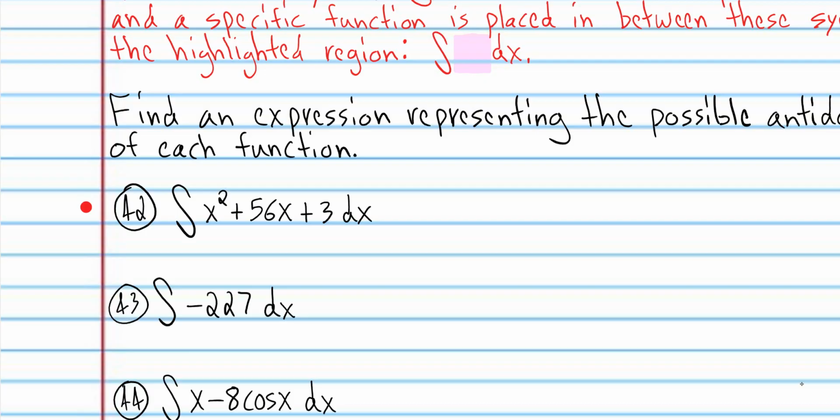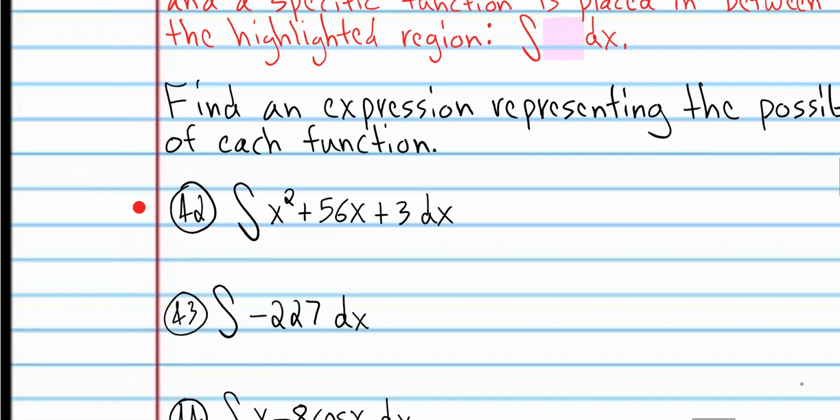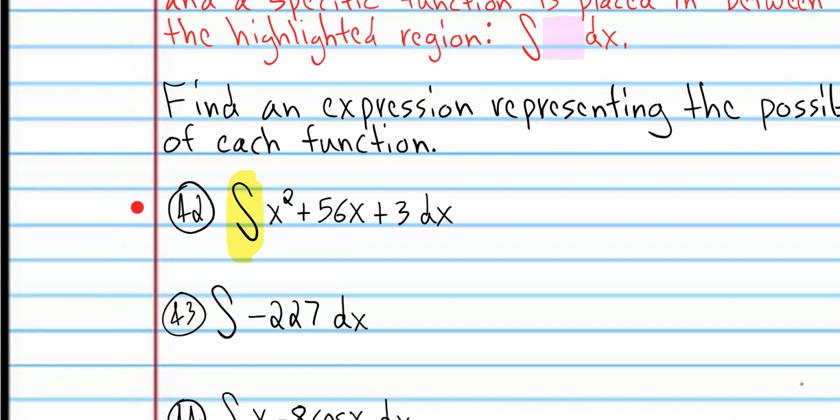Now we're going to learn the notation that you actually use, and that is this symbol here. And we also have the symbol here. So it's actually two symbols that enclose the function that we're finding the antiderivative of.